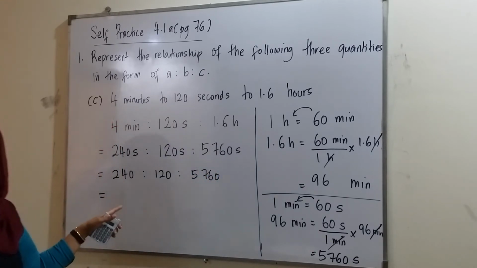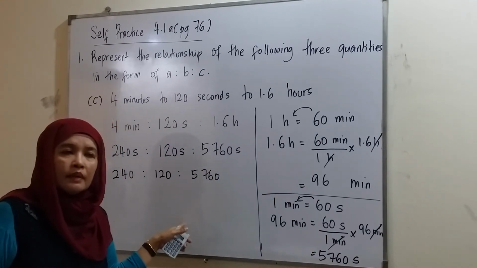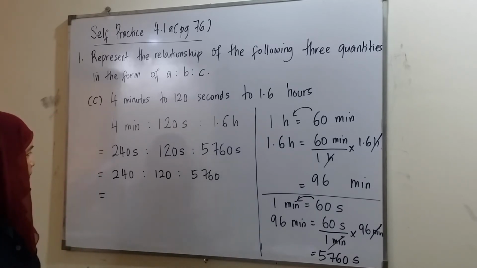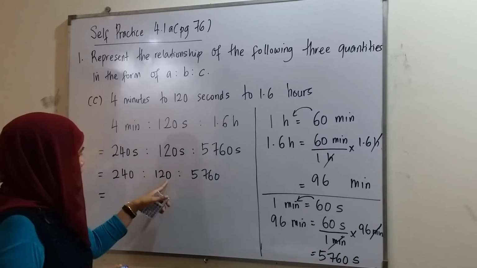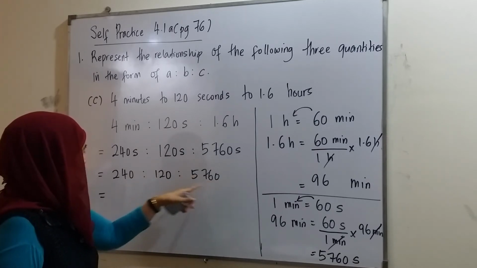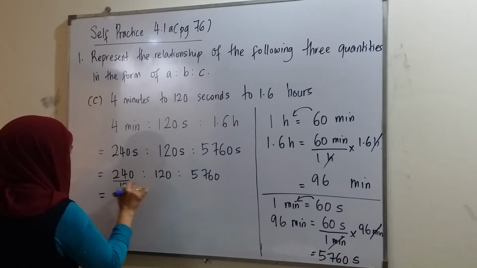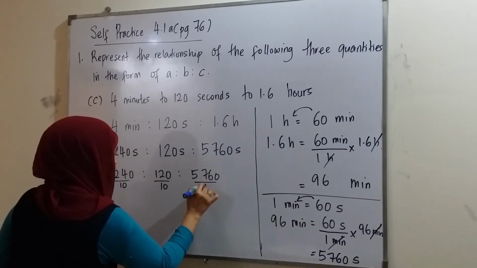So the final answer for the ratio must be in the simplest form. If you look here, 0, 0, 0, so we can divide by 10. So this one divide by 10, divide by 10, divide by 10.